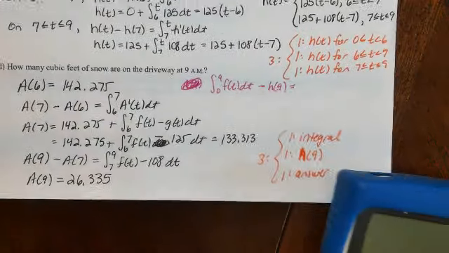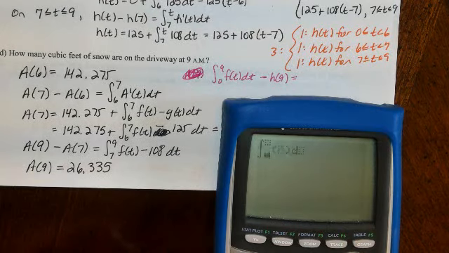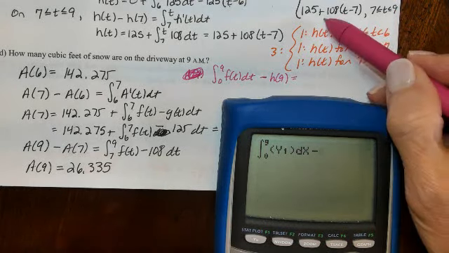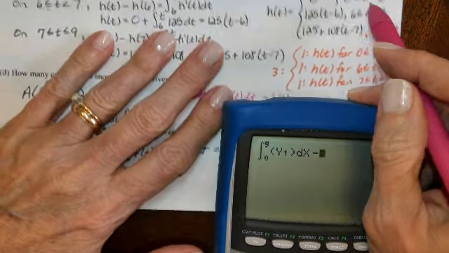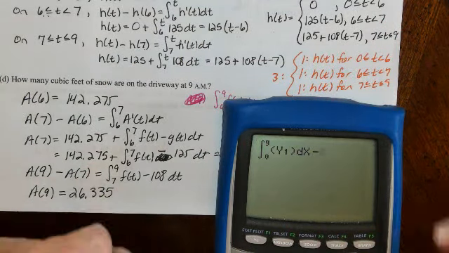Let's go ahead and try that. So, math 9, 0 to 9 of f of t, that's our y1, minus, so I'm coming up here to our h function, and I'm putting in 9 for t, so that will be a 2 back here.